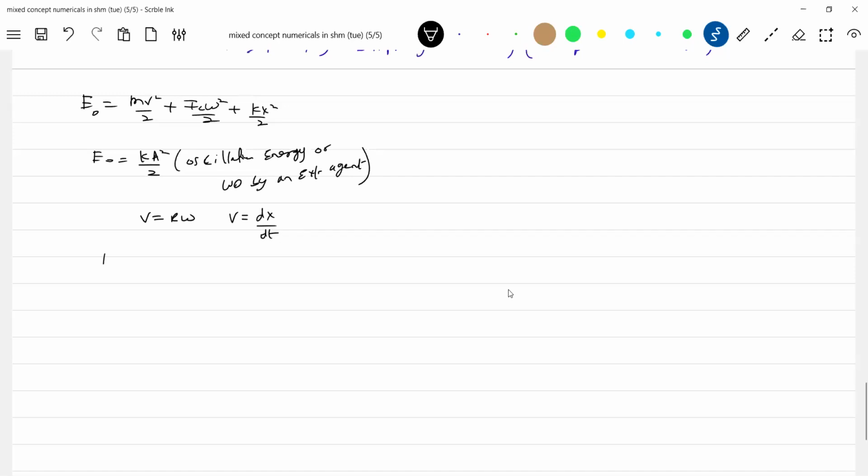Let me replace all the things. So E naught is equal to mv square by 2 plus Ic omega square by 2, where omega will be v square by r square, equal to k by 2 x square. So this will become mv square. And I had to differentiate, no?